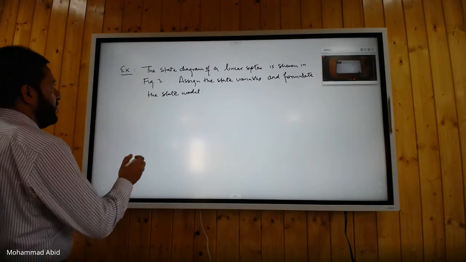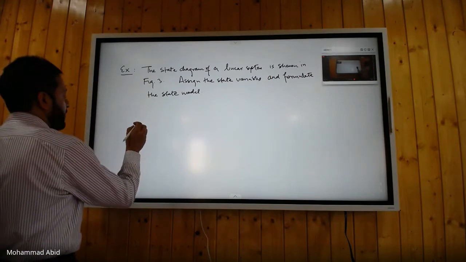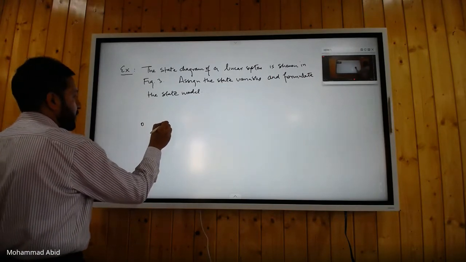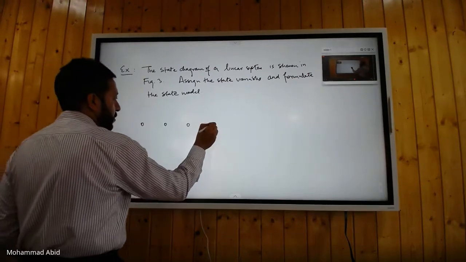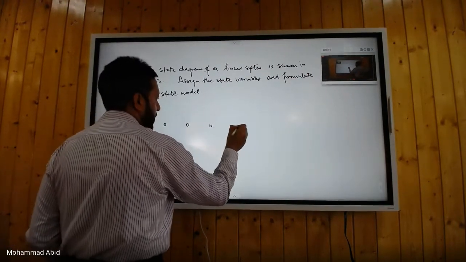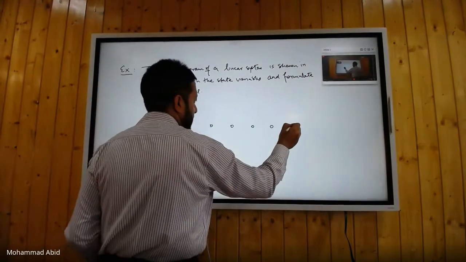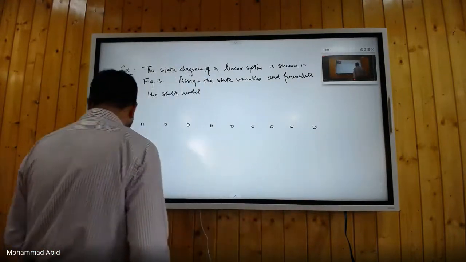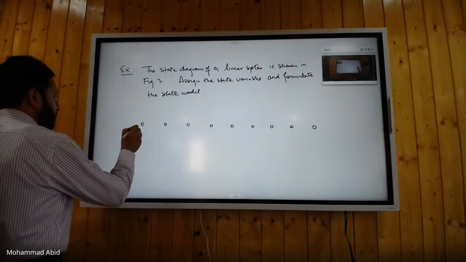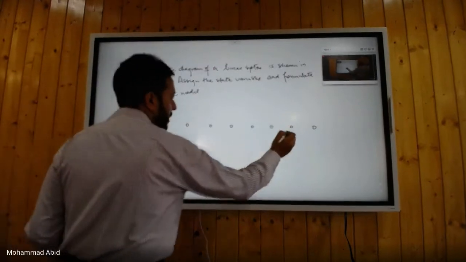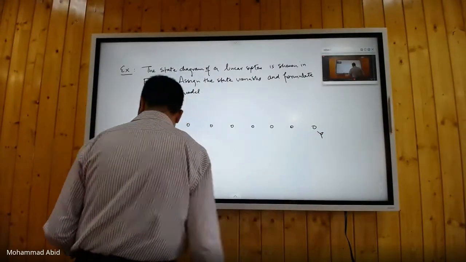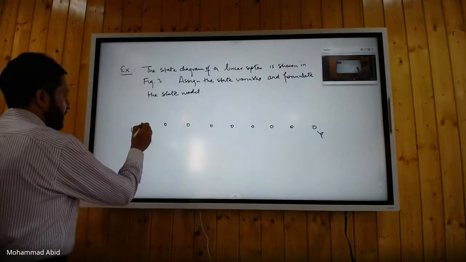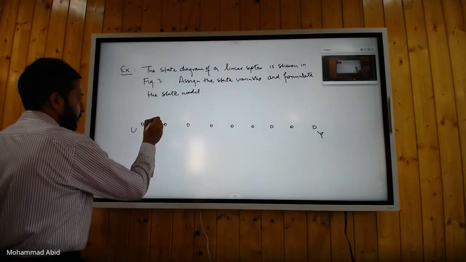So your state diagram is given in the form of a signal flow graph. This is 1, 2, 3, 4, 5, 6, 7, 8, 9. This is your variable u, and this is y here. It's like this. This is 1.